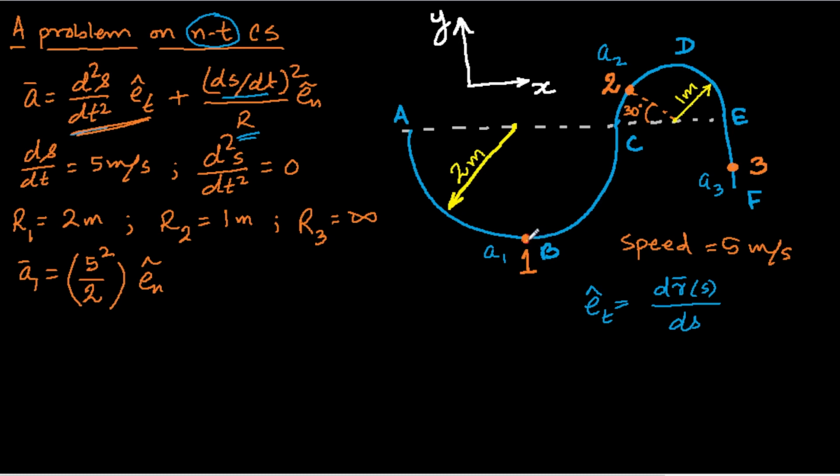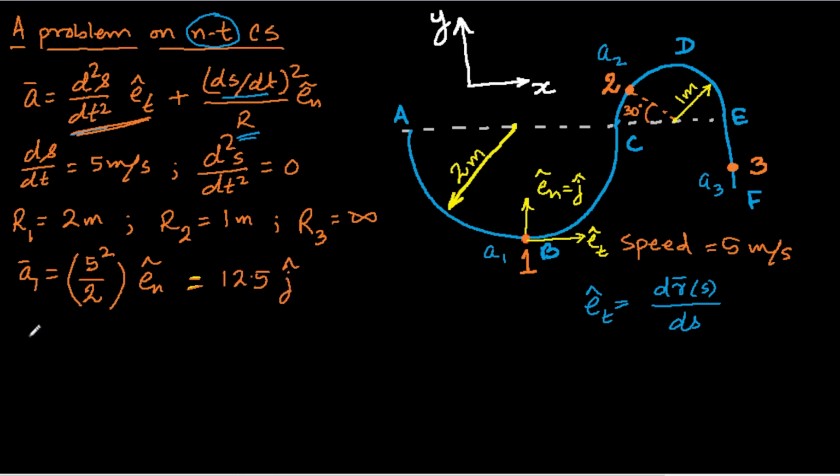Et of the particle is in this direction, right? And En will be in this direction when the particle is at point 1. So can we write En to be what? Is it not just j cap, right? So that's how we can directly write this. It is nothing but 12.5 j cap.